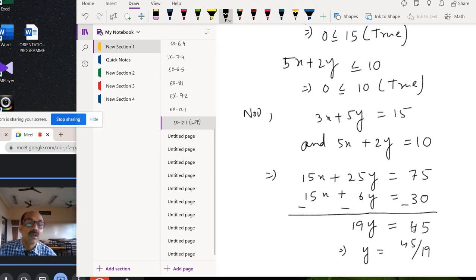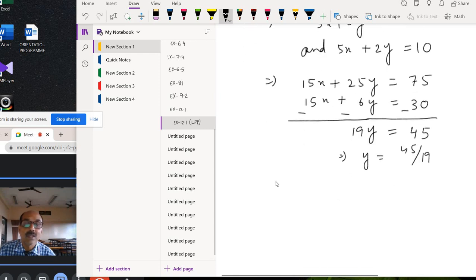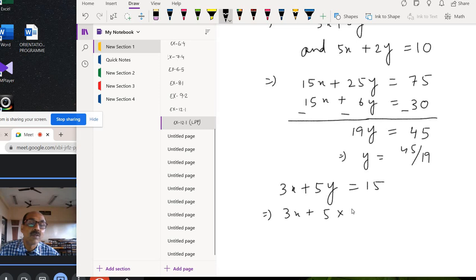Now putting this value of y in any one equation, the first equation, 3x + 5y = 15.